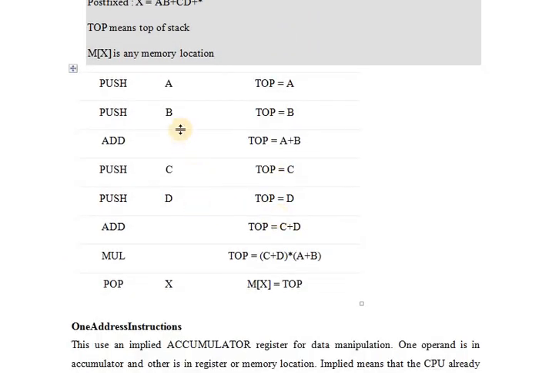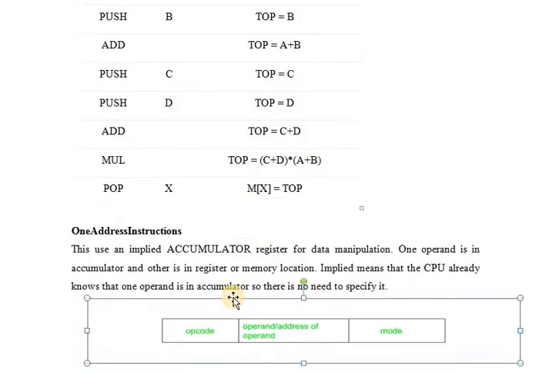We are just pushing the elements into the stack. First element A, second element B, then we perform the operation at the top of the stack. Next we push C, next we push D, next we perform addition, then multiplication, and then the result x is stored in the M of x memory location.